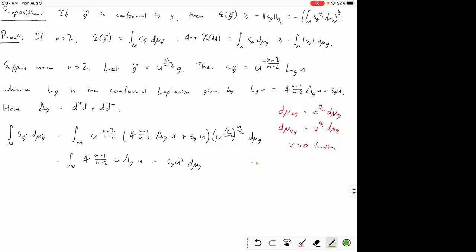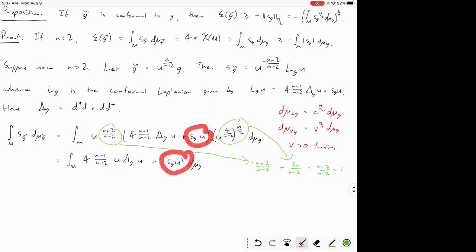We get minus (n plus 2) over (n minus 2) plus 2n over (n minus 2), which equals (2n minus n minus 2) over (n minus 2), which is (n minus 2) over (n minus 2), equals 1. So if you put those powers of u together, you get a single factor of u, which is why there's an extra factor of u here, and this s_g u became s_g u squared.